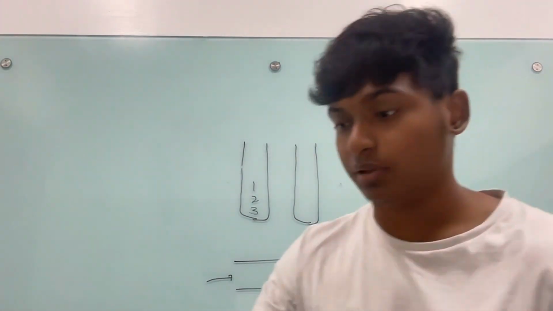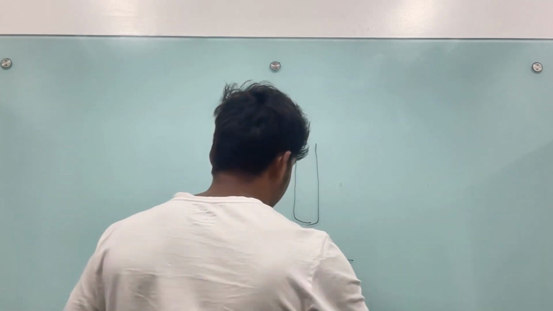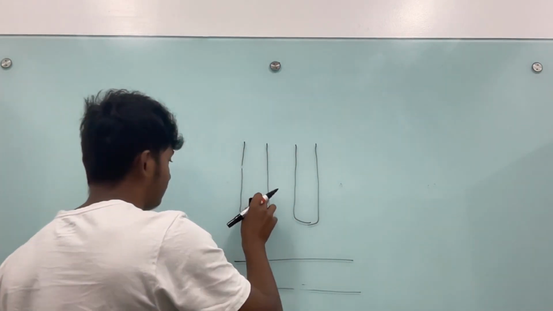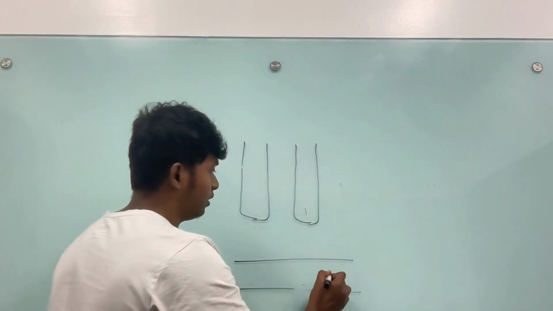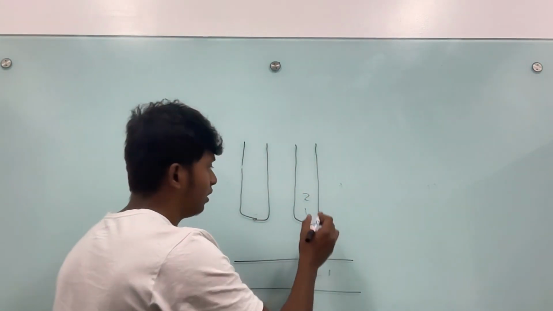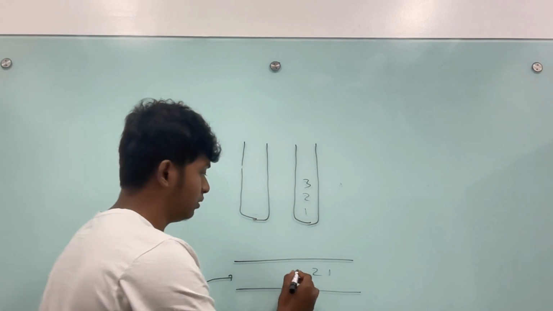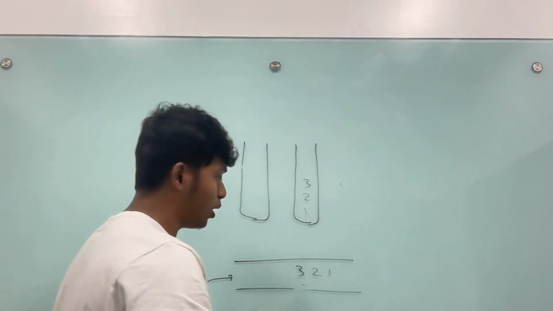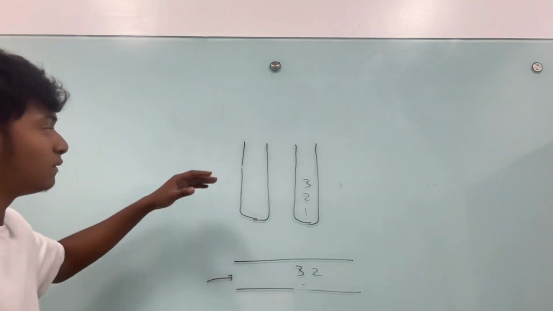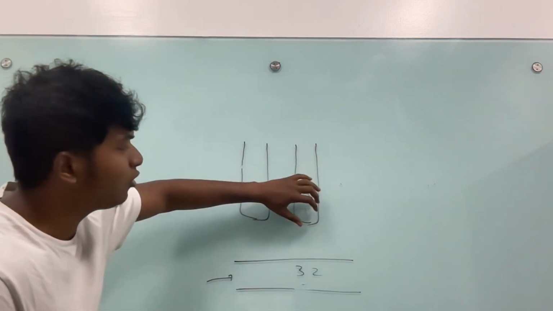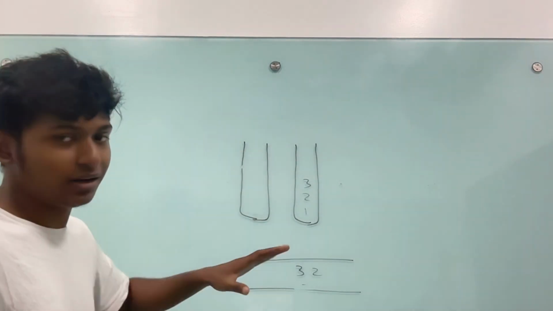So I'll give an example. 1 is coming, 2 is coming, 3 is coming. I want to pop off 1. So when I want to pop, I'll bring all the things here, just once.